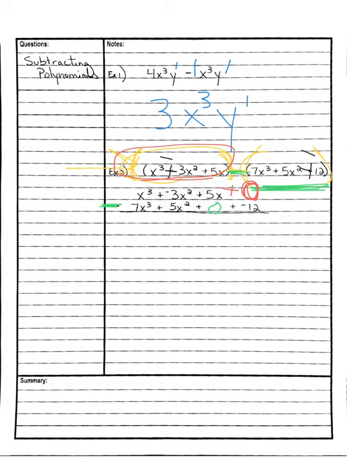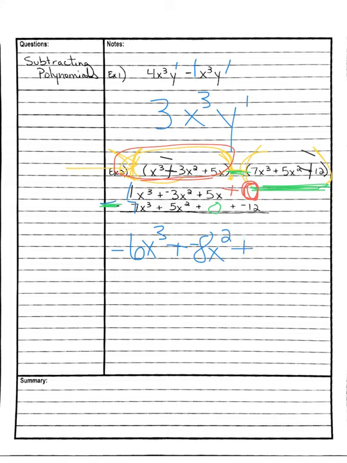As we subtract these, and this is where things get a little tricky, I added in my zeros. I'm going to put a 1 in front of this x cubed because when it's not written, it means 1. This is saying 1 minus 7, which is a negative 6x cubed. Plus negative 3 minus 5 is a negative 8x squared.